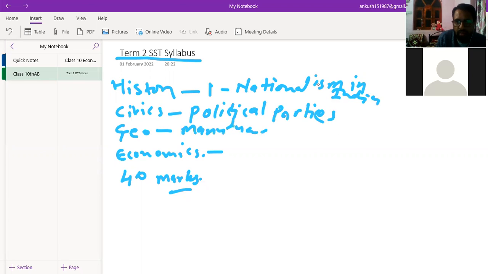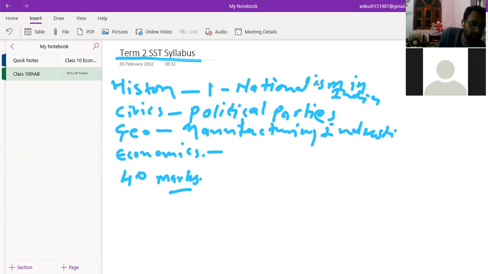Manufacturing industries. One second. I think it's not properly written. Manufacturing industries. And the second chapter in geography is Lifelines of National Economy, or Indian economy, something like that.